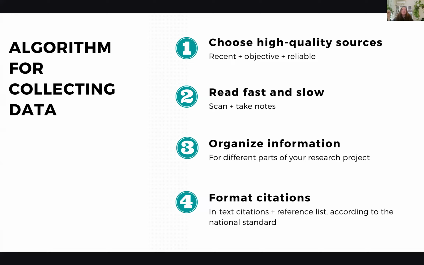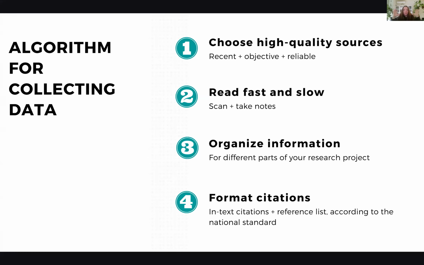For example, your goal is to find 5 sources for your literature review. The first thing you do is find at least 10 or 15 that meet the 3 requirements we've just covered. They should be recent, objective, and reliable. So you have 10 or 15 sources. What do you do next? Next, you must check if you can actually use them in your research. That's where fast and slow reading comes in.